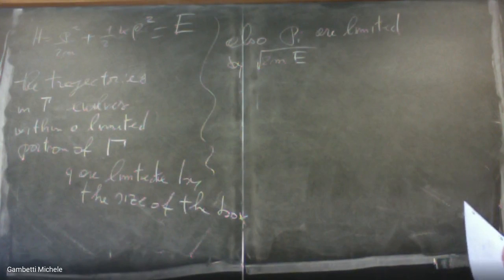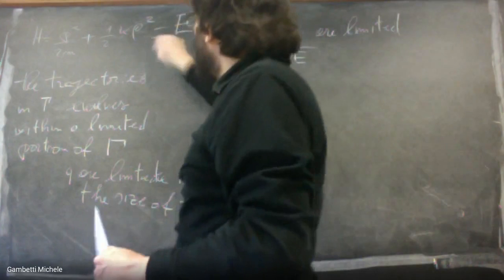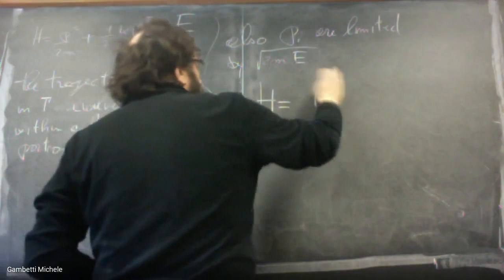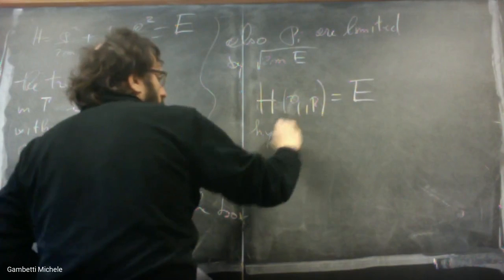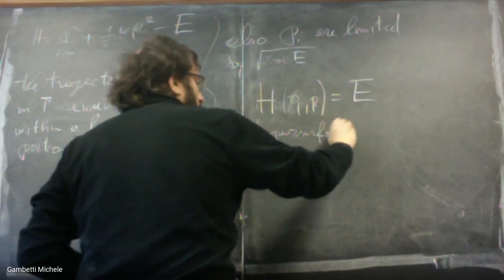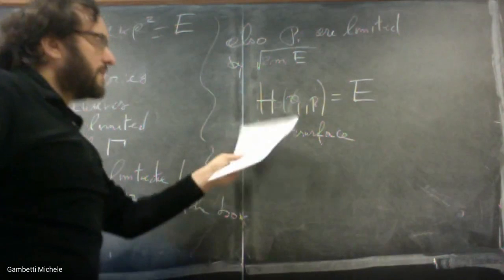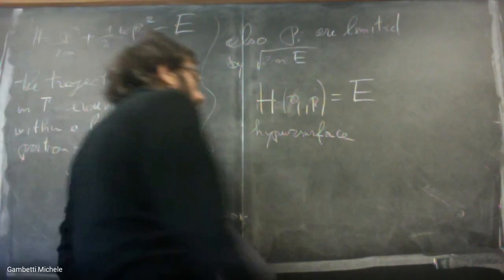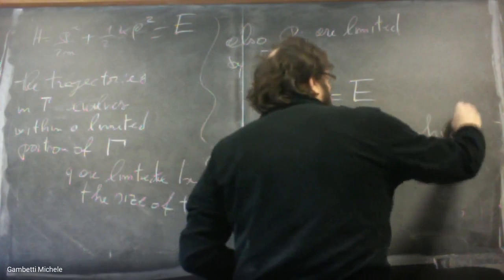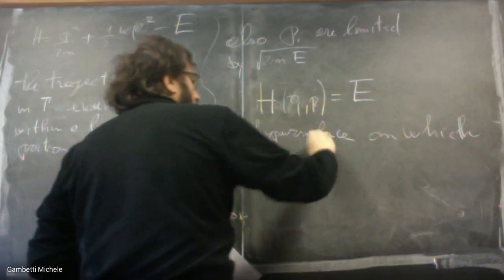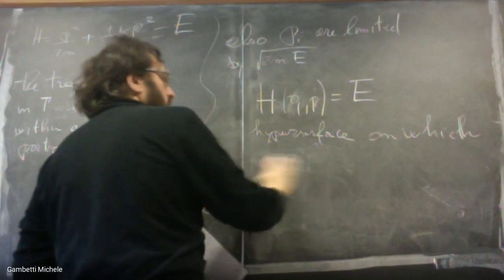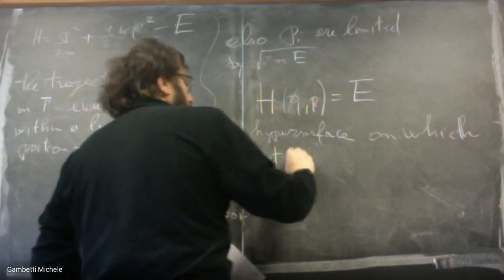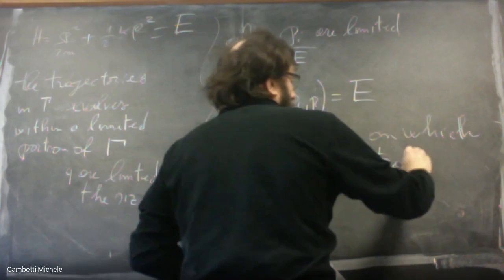Actually, we can say something more, in the sense that the equation H(q,p) = E describes a hypersurface, which of course has dimension 6n minus 1, on which lie all the trajectories.